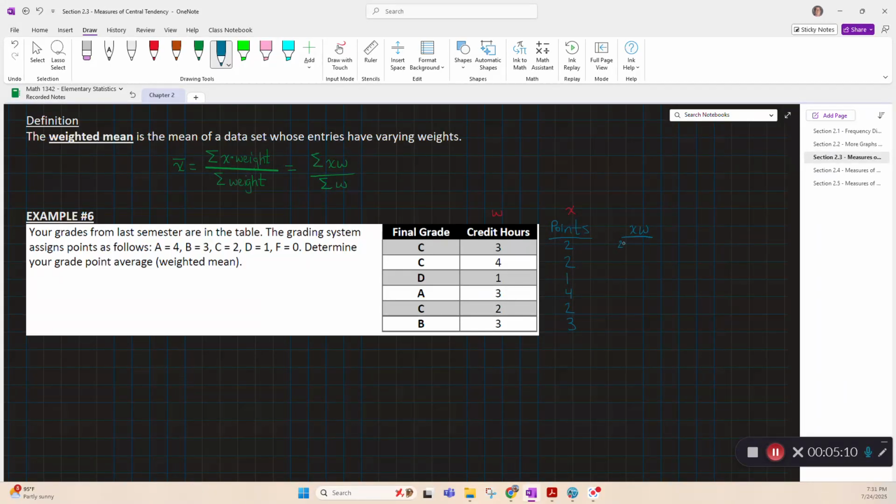So, 2 times 3 gives me 6. 2 times 4 gets me 8. Then I keep going. 1 times 1 is 1. 3 times 4 is 12. 2 times 2 is 4. 3 times 3 is 9.